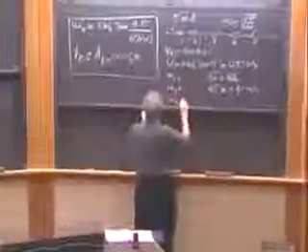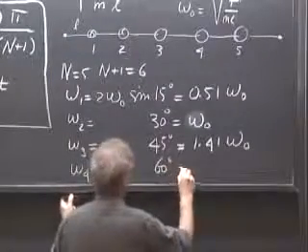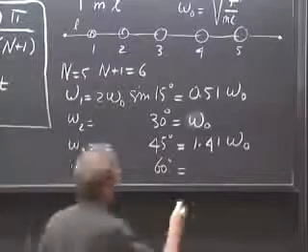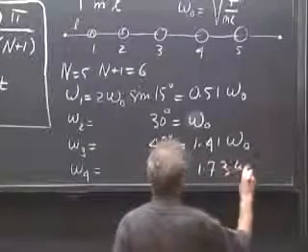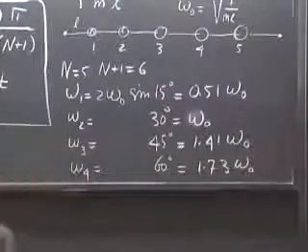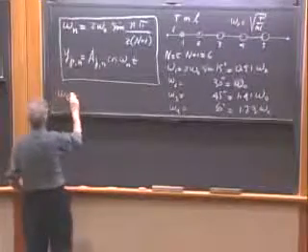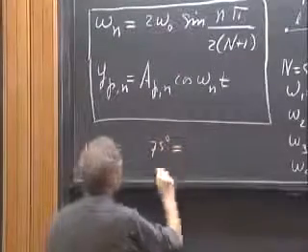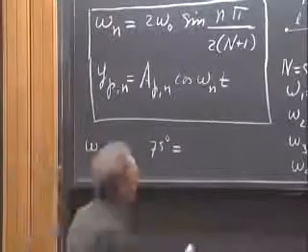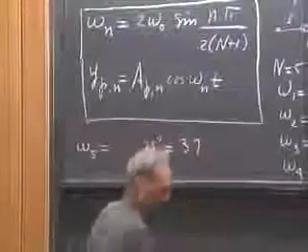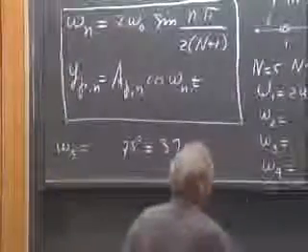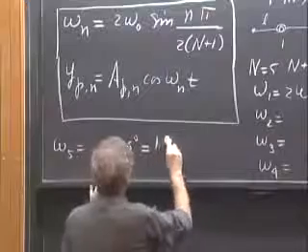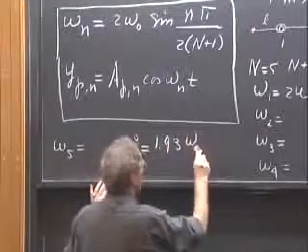Then I go to omega 4, and I get 60 degrees, which is about 1.73 omega 0. Then I have omega 5, the last one, so I get the sine of 75 degrees, and that becomes 1.93 times omega 0.